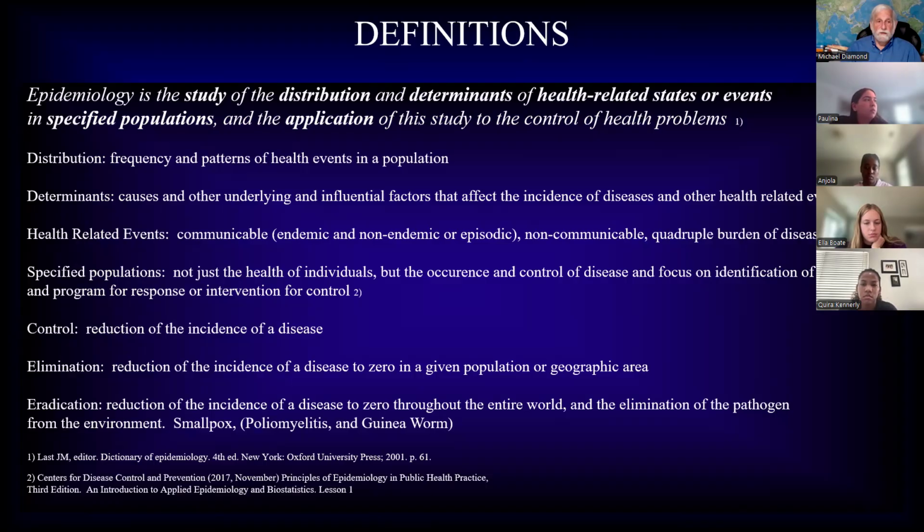And we'll talk later about the quadruple burden of disease. A specified population is not just the health of individuals, but the occurrence and control of disease and focus on identification of the source and program response for intervention and control. So we can't simply talk about the population of Chicago, because there is no one population of Chicago, right?